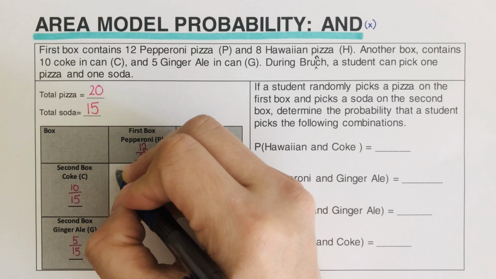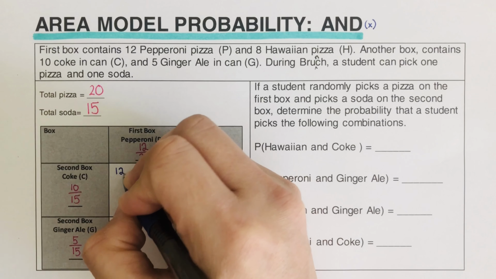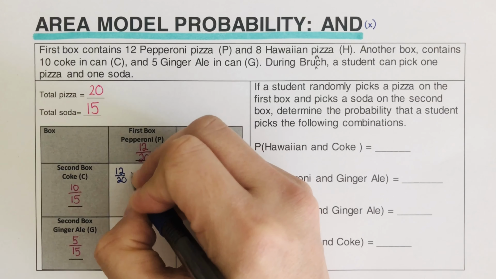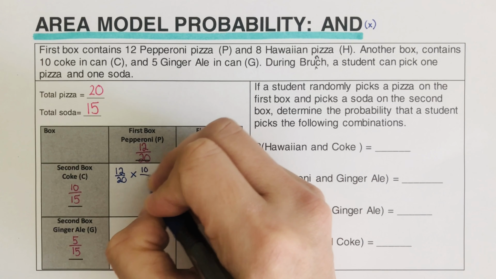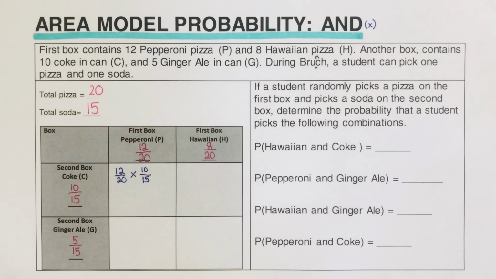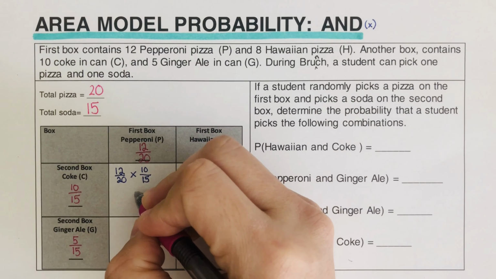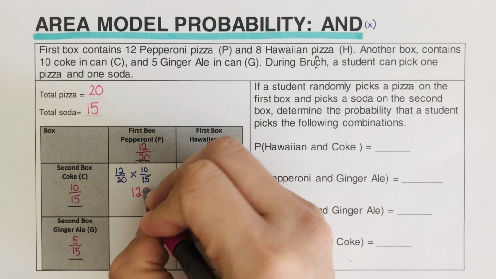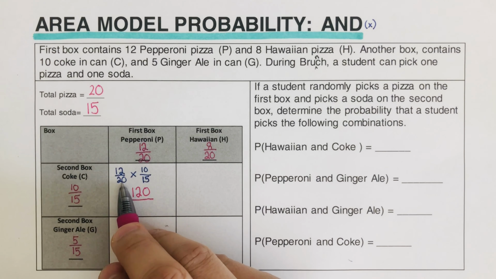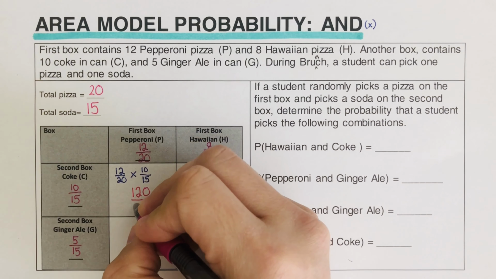I'll show the work up here. That would be 12 over 20 times 10 over 15. So 12 times 10 is 120, over 20 times 15 is 300.